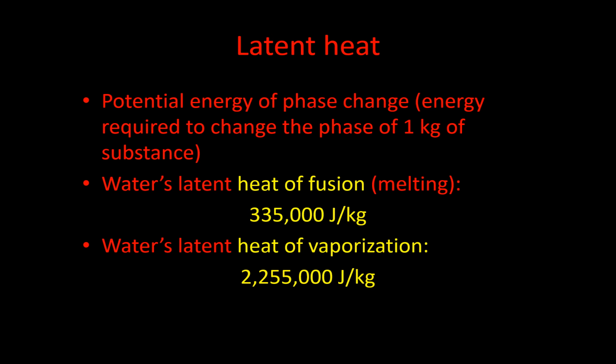And that created two specific values. The potential energy of our phase change is the energy required to change the phase of 1 kilogram of a substance. That means we defined previously water's latent heat of fusion, its melting energy, 335,000 joules per kilogram, and its much higher latent heat of vaporization, the energy required to actually vaporize and create steam, 2,255,000 joules per kilogram.